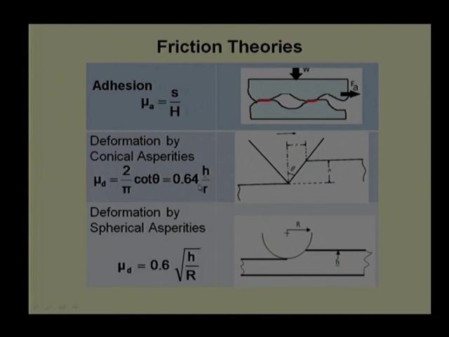The only thing is that in the second it is much more sensitive; the effect of h is much more dominant compared to the effect shown in the third expression, deformation by spherical asperity. In totality, all these three expressions are not providing very good results.